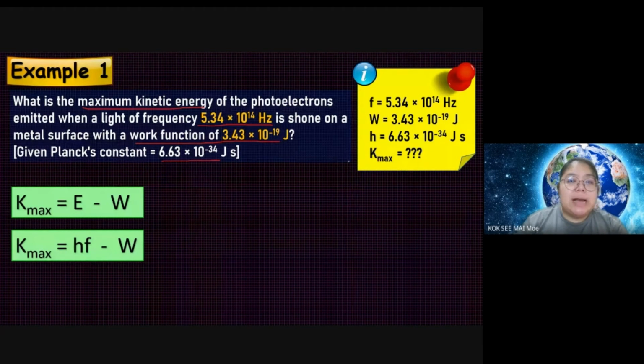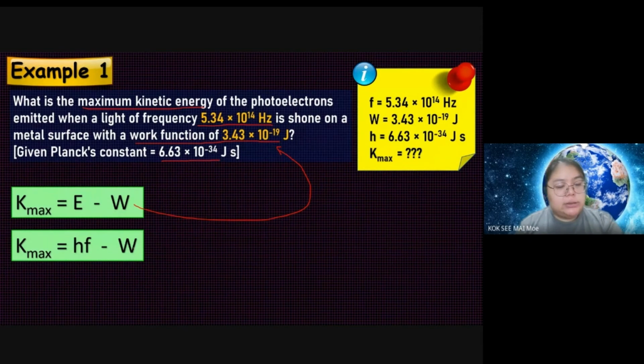Okay, don't misunderstand. This one, the work function, is W, not E. Okay, E is hf. This one is the work function. So from here, E becomes h, the Planck constant, multiplied with the frequency, because the question provided the frequency.